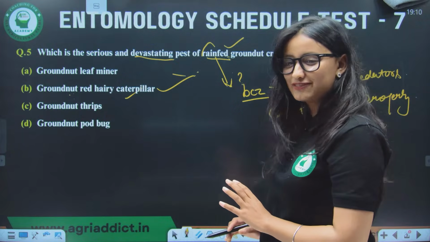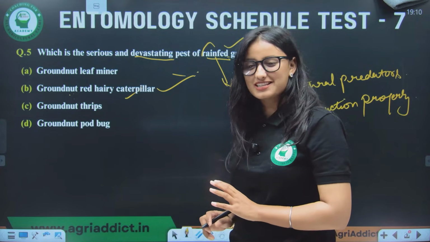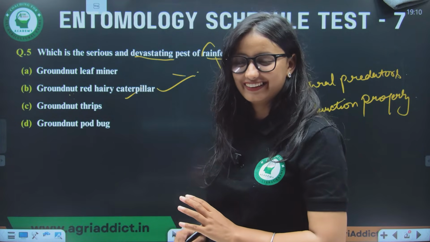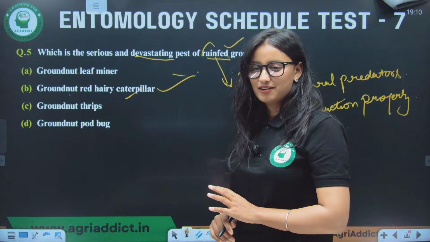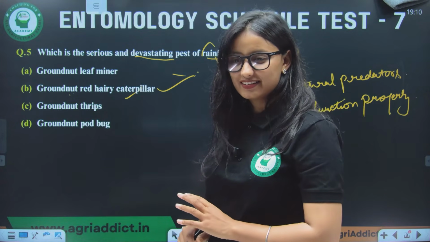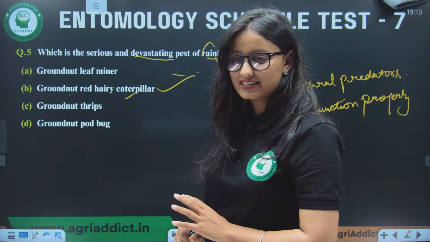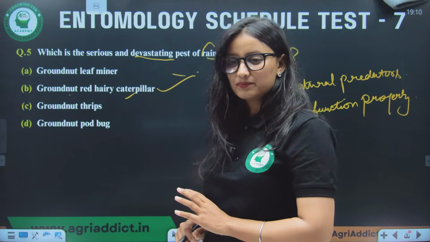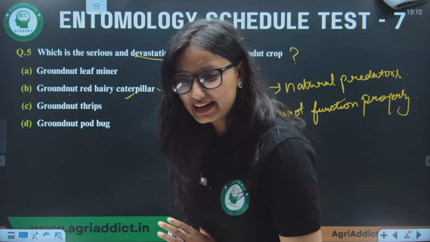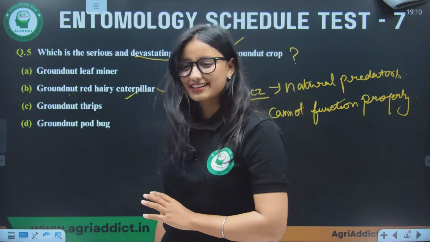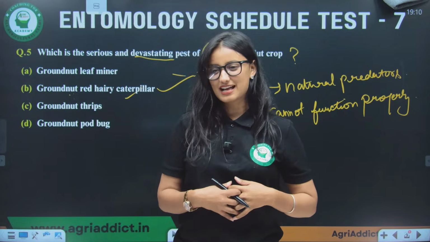Groundnut leaf miner. तुम पीछे चल रहे हो अभी वी के ई के. हाँ. RHC serious in kharif. Yes. Groundnut. What are you saying this? Groundnut leaf miner? What is it? साथ में क्या कर रहे हो?